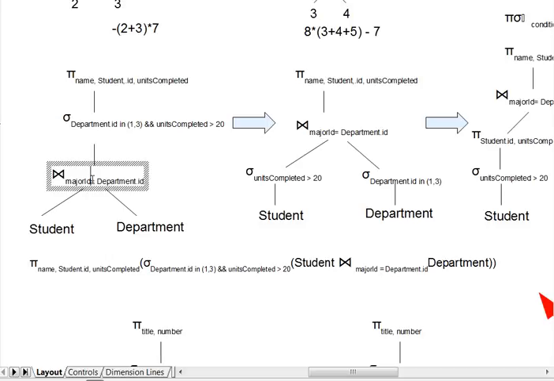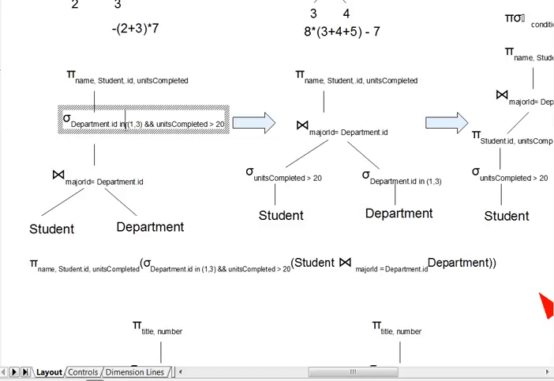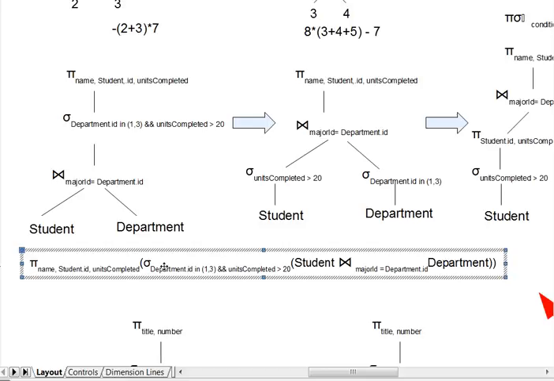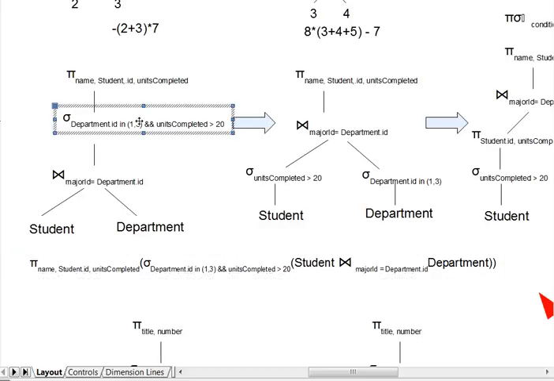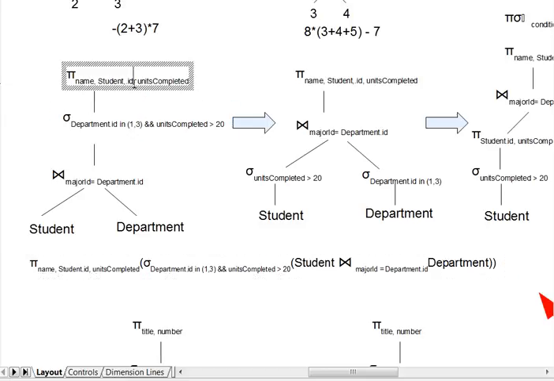The result of this join is selected upon by the unary selection operator that was here in the expression, and then the result of that select is projected upon by the unary projection operator to narrow it down to just the 2 desired columns.